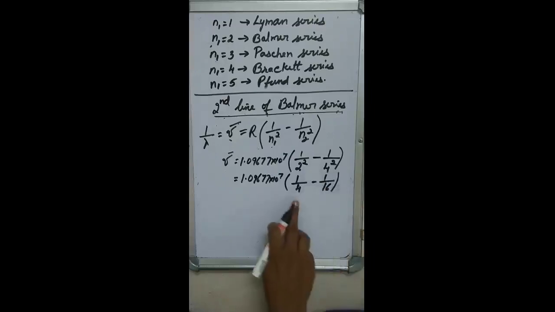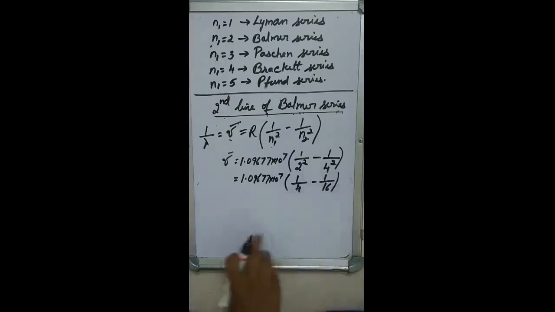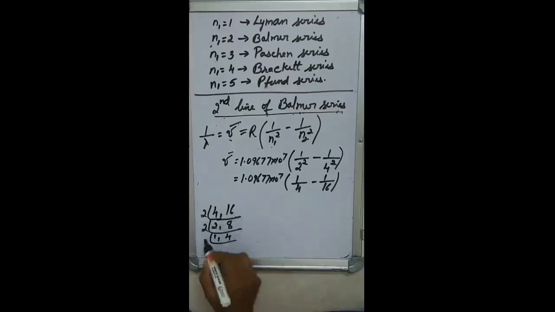16. Now what you should do, LCM of these numbers you should take. Here I will take LCM of 4 and 16. So 2 2s are 4, 2 8s are 16, 2 1s are 2, 2 4s are 8, 2 2s are 4, 1, 1.